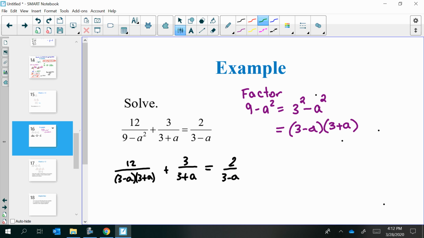Now, I can go in and write the LCD into each numerator. This is equivalent to multiplying both sides by the LCD and then distributing it on the left side where I have 2 terms. Then I can go ahead and cancel out common factors from each term.